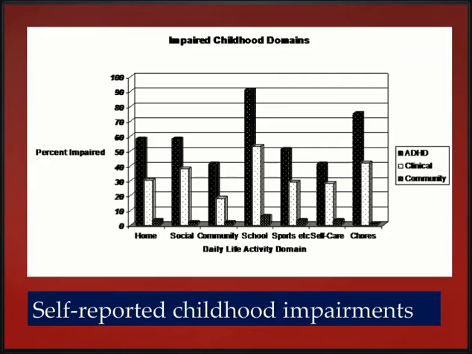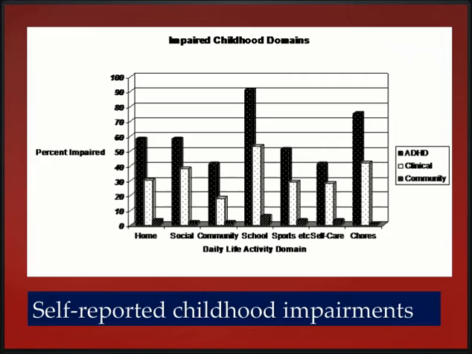We can also see that many of them reported difficulties in accomplishing daily chores and responsibilities. And certainly adults with ADHD were significantly more impaired than the other two groups in home life, social functioning, community activities, and even in sports performance and self-care.